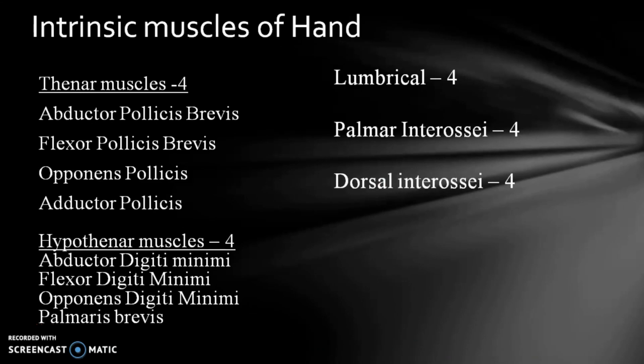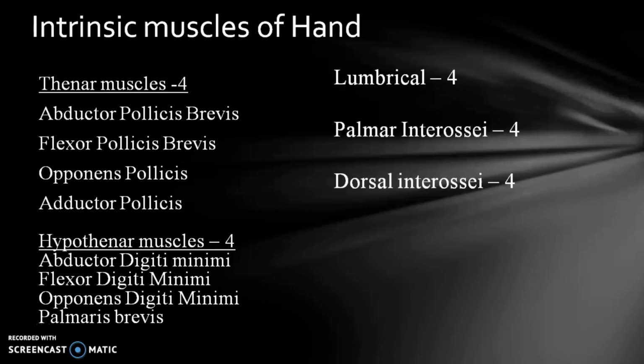So I think you people are having an orientation about how the muscles are arranged. Now we are going to see a detailed account. As I said earlier, we will be having intrinsic muscles, 20 in number. We will be dividing that into 5 groups, such as thenar muscles, hypothenar muscles, lumbricals, palmar interossei and dorsal interossei.